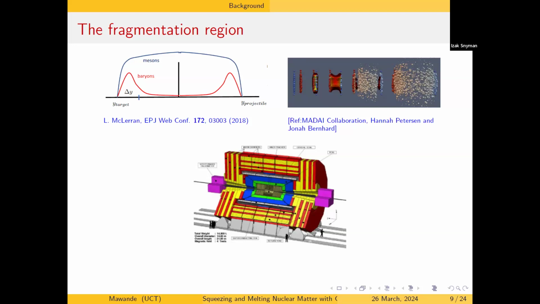What I'll see largely in the central region is net mesons; they'll be high in the central region. Then in the fragmentation regions, the so-called far forward regions, is where all the baryon numbers are carried.